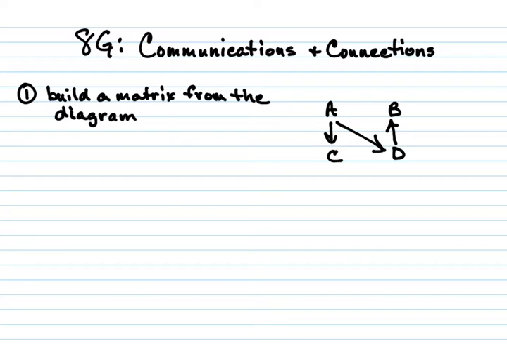Because we're going to see how these things are connected to each other. Remember we did this before, and what do you always know about that diagonal of connections? It's going to be a diagonal of zeros because you can't connect to yourself, right? So you're going to have that same diagonal of zeros.